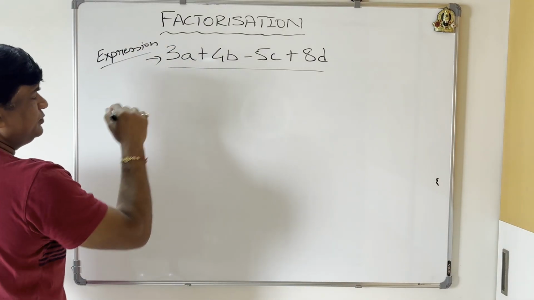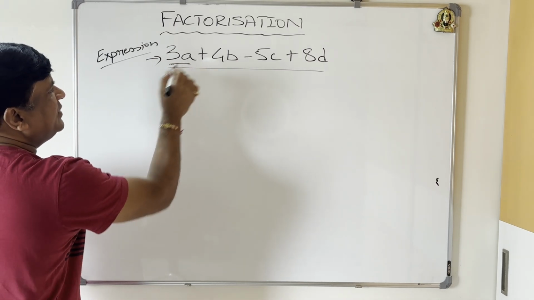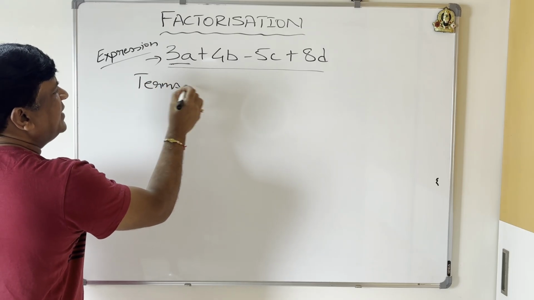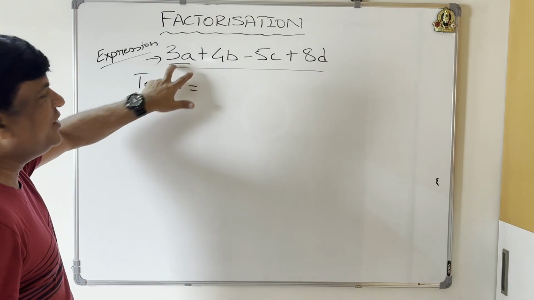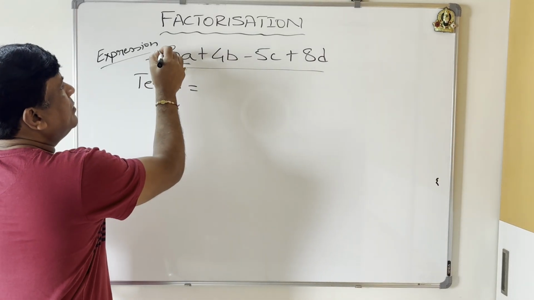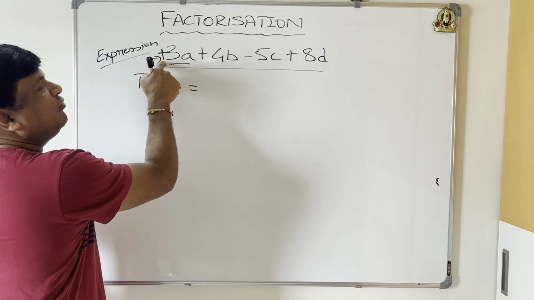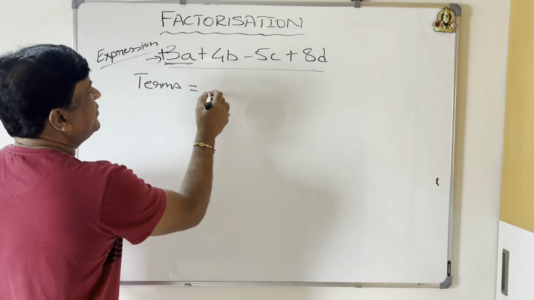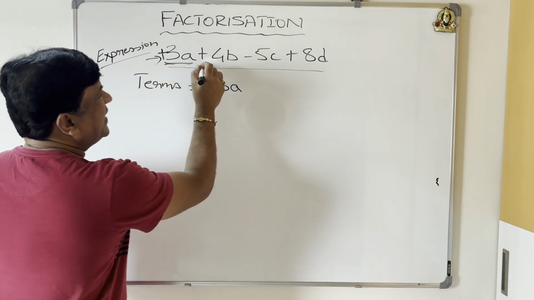Now let's get to the terms. What are the different terms we have over here? These are known as individual terms. Ensure to take into account the sign in front of the term always. So the first term is plus 3a. What is the second term?